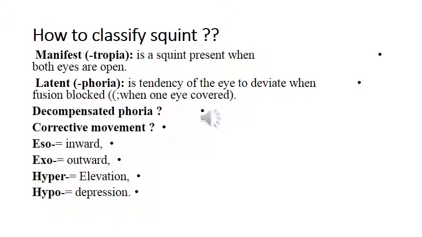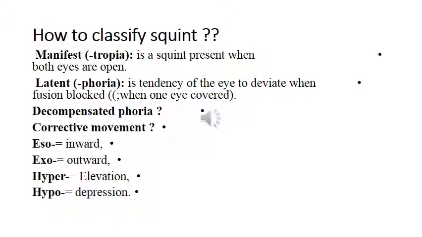Another terminology, which is iso, exo, hyper, and hypo. Iso, we use it for inward type of sequent, exo for outward sequent. Let's say isotropia, isophoria. This means there is an inward deviation which is manifest, isotropia, inward manifest deviation. Isophoria, inward latent deviation.